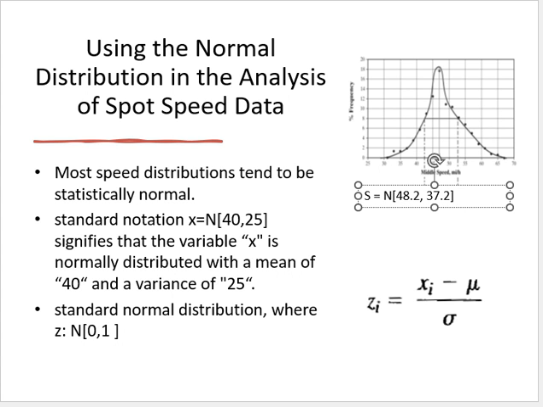Okay. Now, how do we read it? Speed is normal distribution, with a mean of 48.2 and a variance of 37.2. Clear? Okay.